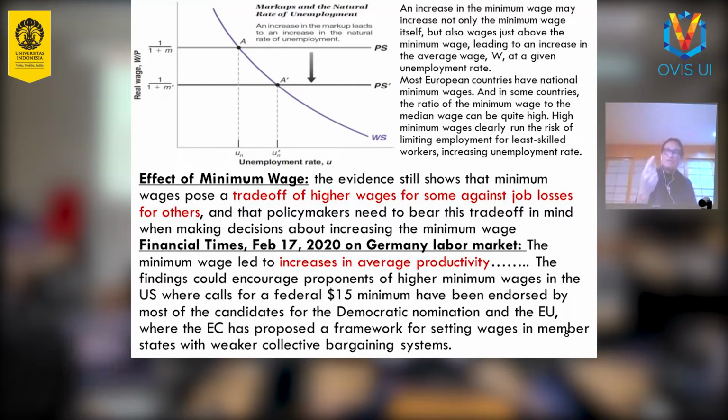So that is one principle that we have to keep in mind when we analyze the minimum wage. The second is, as I said earlier, what is the current level of minimum wage? If the current level of minimum wage is very low, then if you increase the minimum wage, there is a great possibility that those workers may work harder or become more productive for whatever reasons.